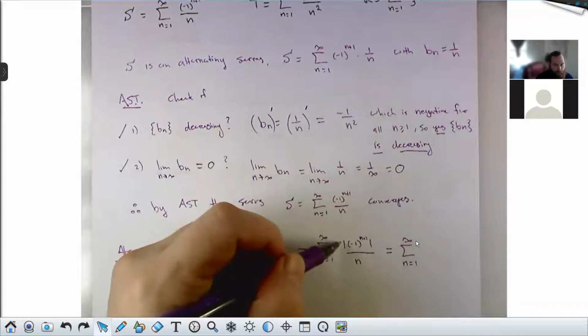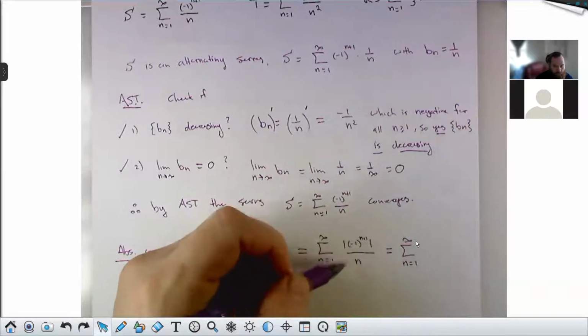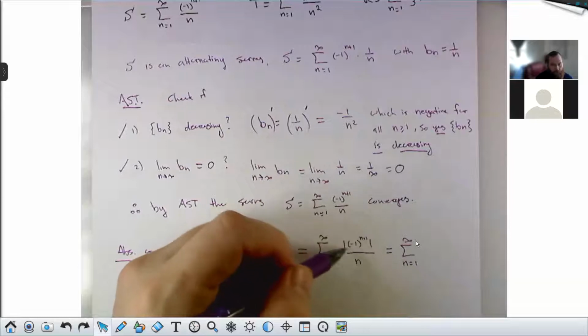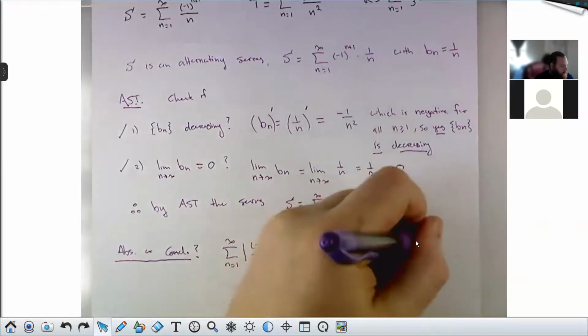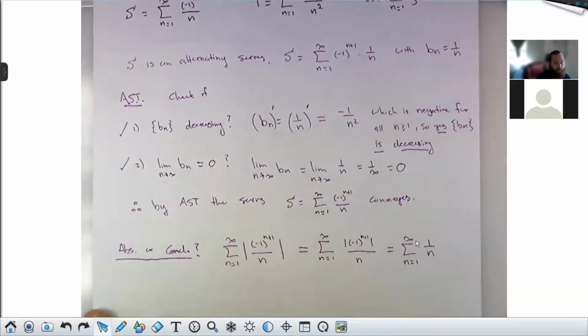So this numerator here is the absolute value of positive 1 sometimes, and the absolute value of negative 1 sometimes. Both of those numbers have absolute value 1. So this is just sigma 1 over n.